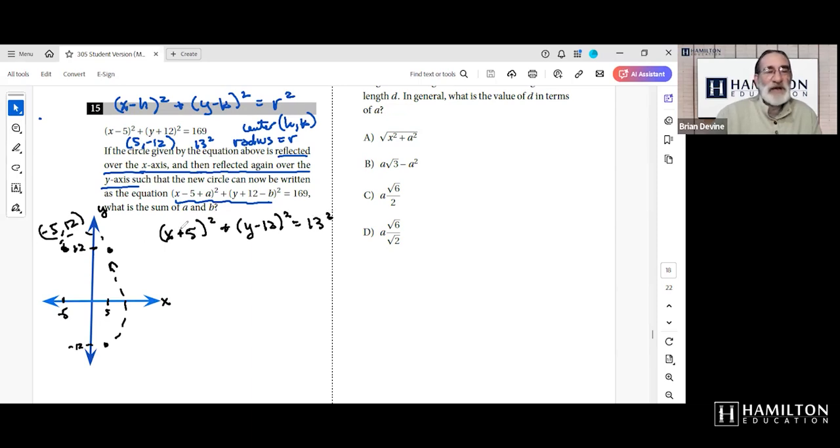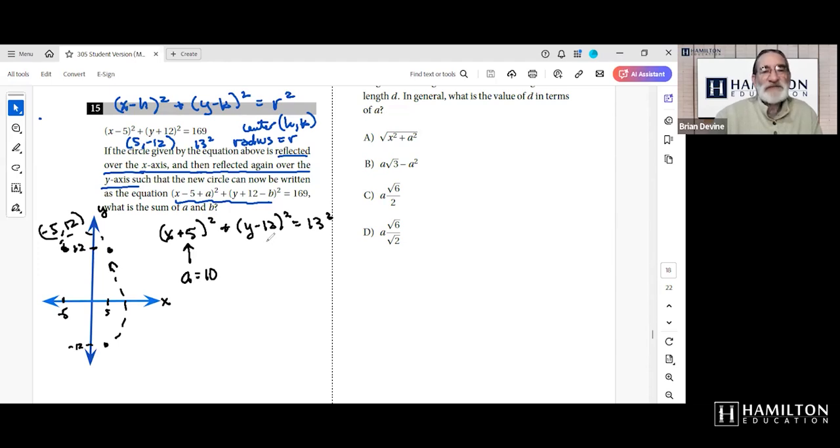And so we want to know, hey, what did we do to go from the original equation in order to get to the new equation? Well, what would we have added to -5 in order to get to 5? So A must be 10.